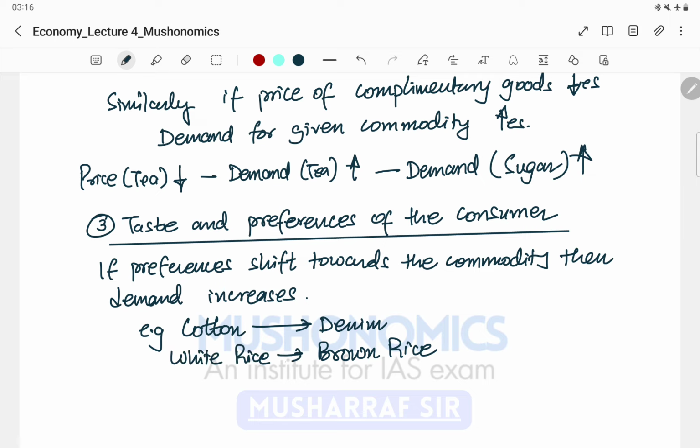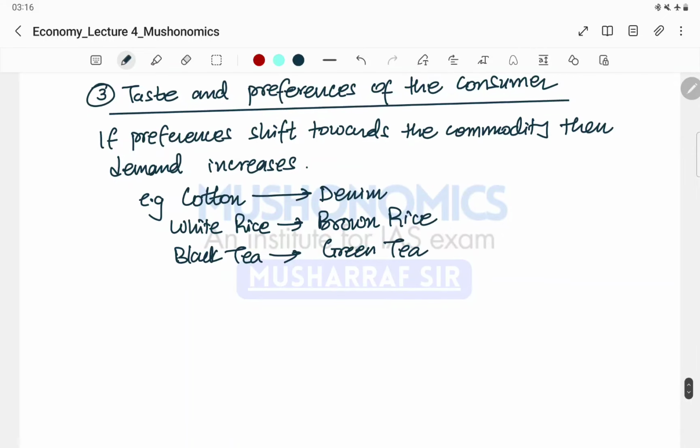Or for example, green tea. If preferences are shifting towards green tea, then demand will shift from black tea to green tea, right? So if preferences are shifting in favor of a commodity, then demand will increase.